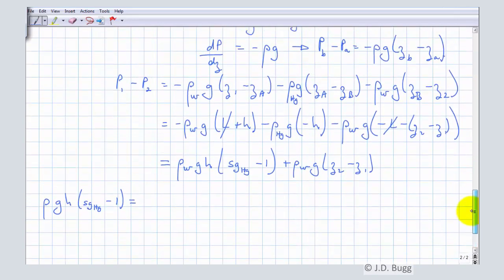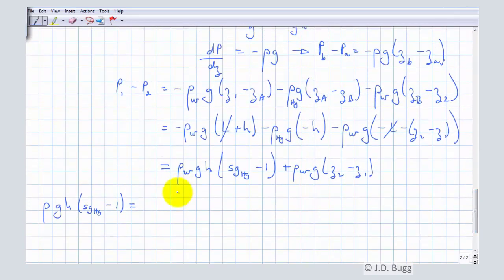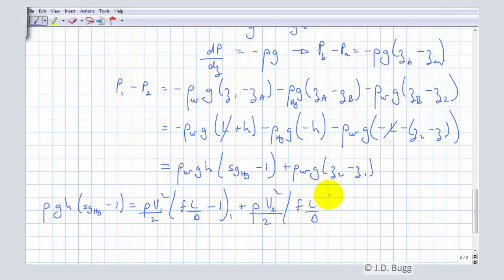And on the right-hand side, what's left is our rho V1 squared over 2 times (fL over D minus 1) for pipe 1, and then plus our rho V2 squared over 2 times (fL over D plus 1 plus K of our elbow), and that's all for pipe 2.